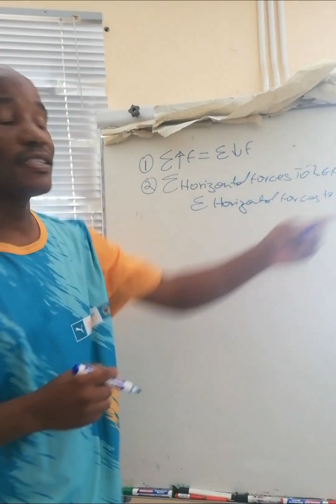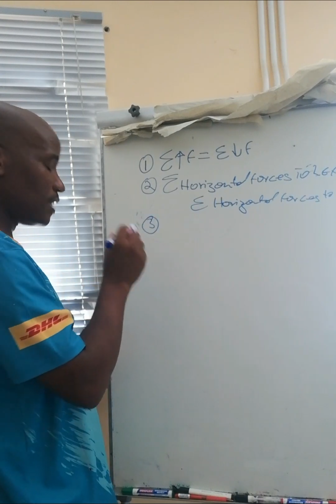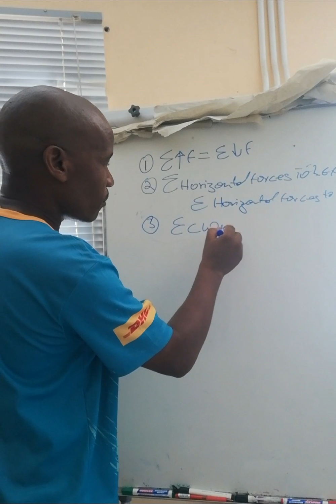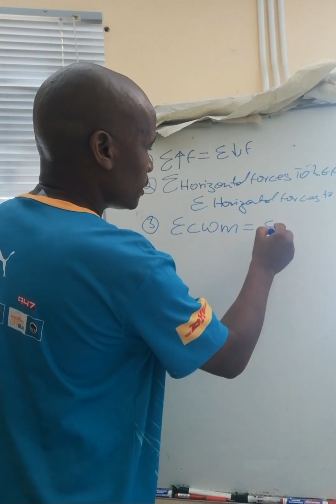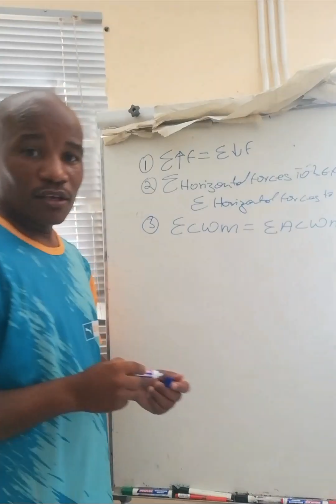Let's say for instance this is right. And then the last one should say the sum of the clockwise moments is equal to the sum of the anti-clockwise moments.